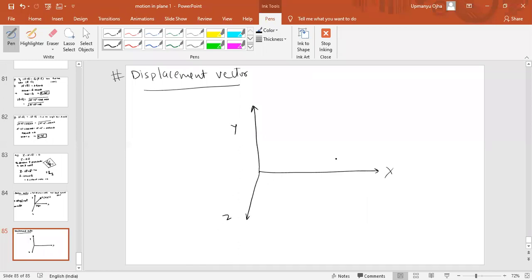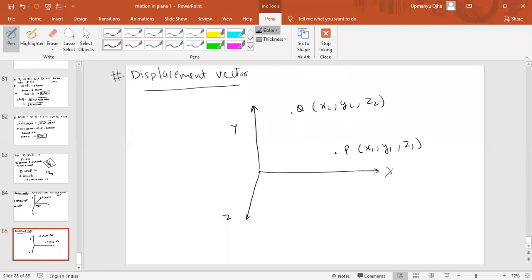Let us suppose some particle was at point P, whose coordinates were x1 comma y1 comma z1. Now this particle gets displaced from P to Q, where the particle position is x2 comma y2 comma z2. Now how to write the displacement vector?